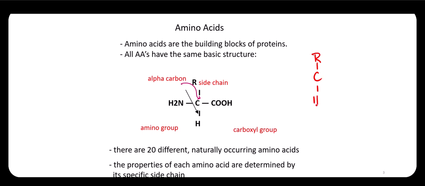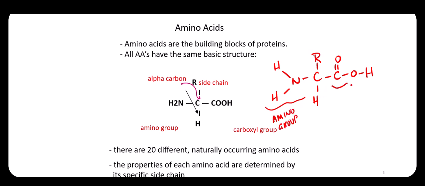So we have a hydrogen, we have a carboxylic acid attached, and properly drawn, spelled out, that's it. And we have an amino group, properly drawn, spelled out, that's our amino group. So this is our amino group. This is our carboxylic acid.